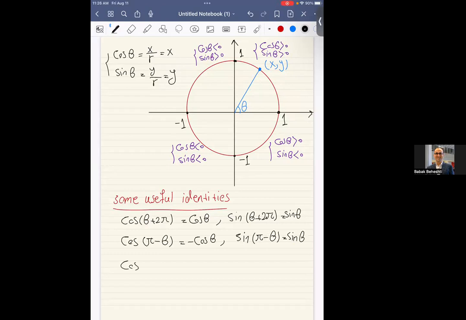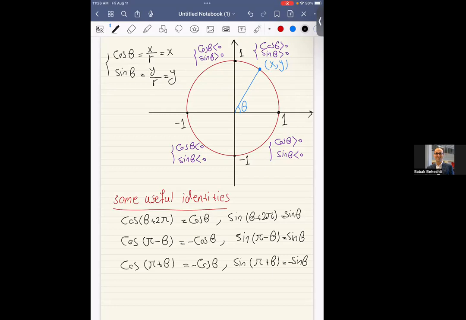Then you have cosine of pi plus theta, again minus cos theta, and sine of pi plus theta is equal to minus sine theta.